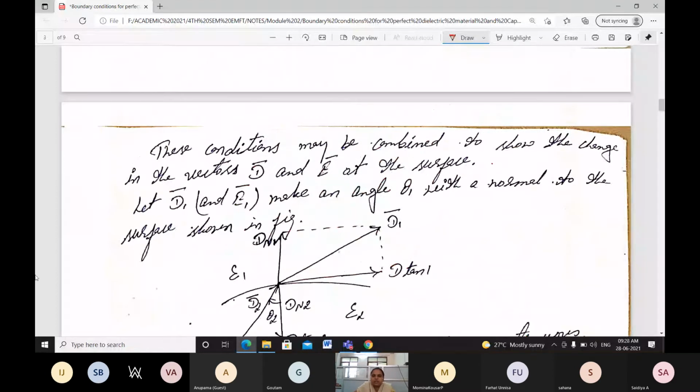These conditions may be combined to show the change in the vectors, that is how they vary, for flux density and electric field intensity at the surface.